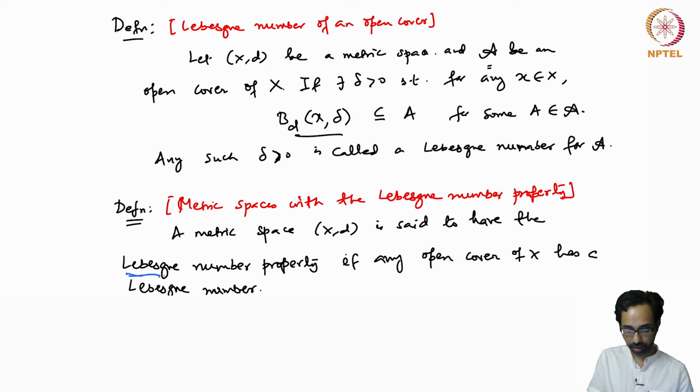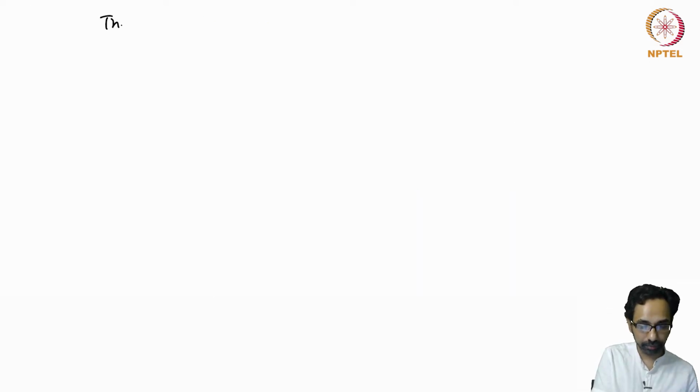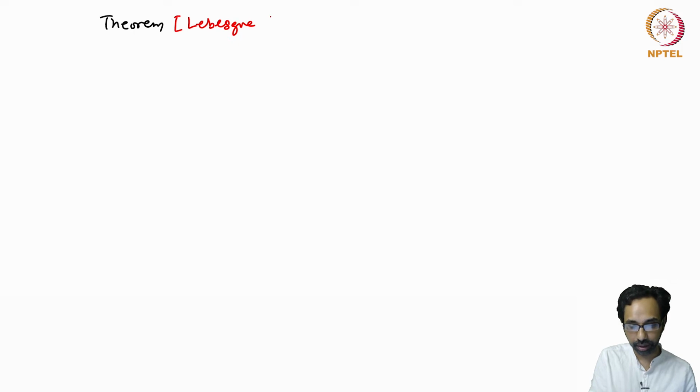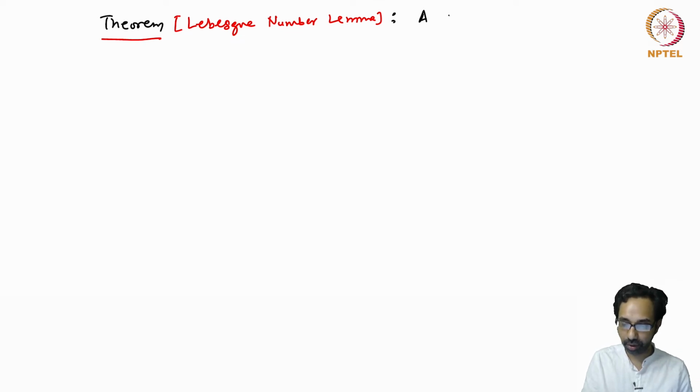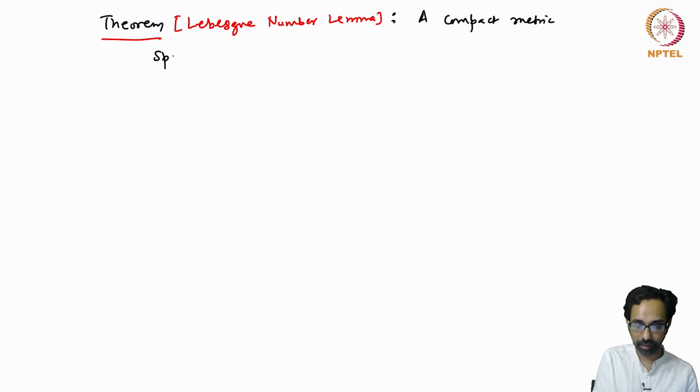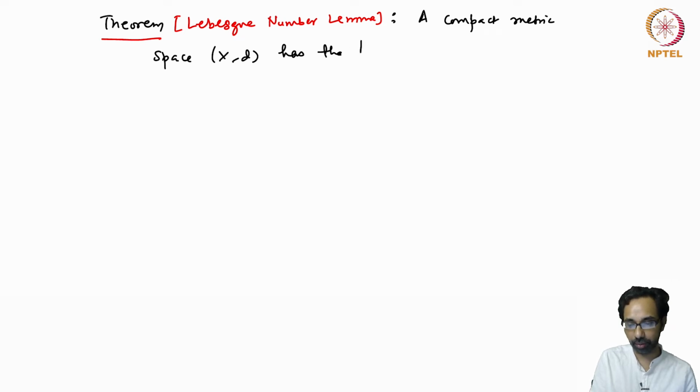This is the Lebesgue number property, and the theorem, which is usually called the Lebesgue number lemma, but I am writing it here as a theorem, the Lebesgue number lemma, states that a compact metric space (X, d) has the Lebesgue number property.